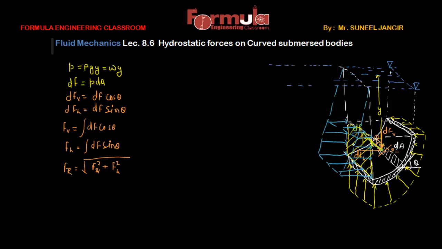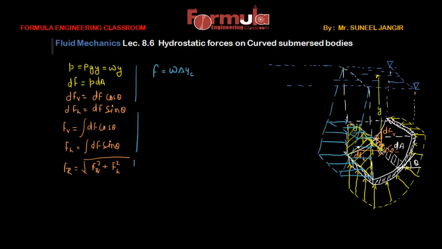To calculate this, we know that the force F will be equal to W A YC, as in the previous formula. First we want to calculate the YC of this projected area. YC is the distance of the center of gravity of this projected area from the free surface.